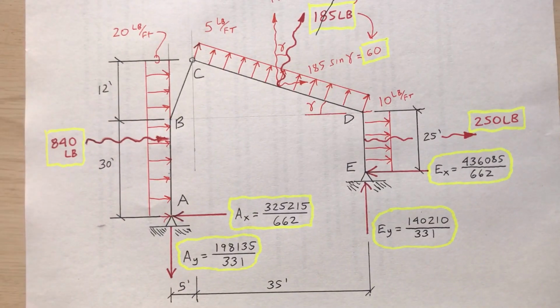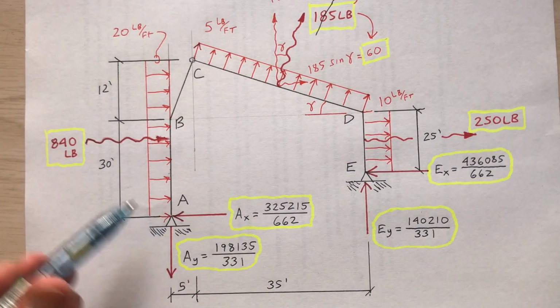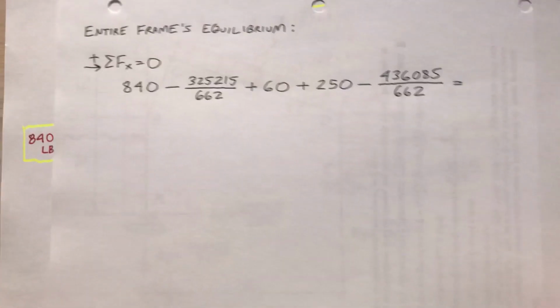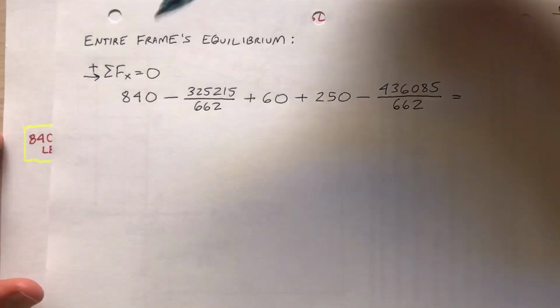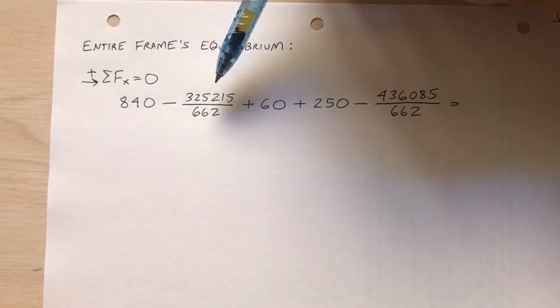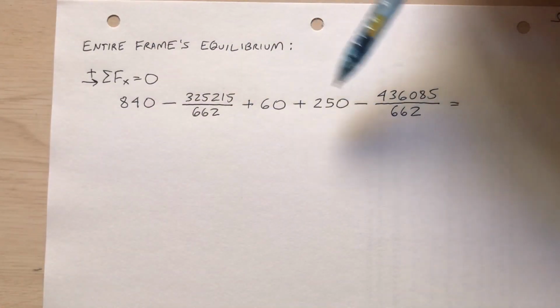Okay, so I'm going to consider the equilibrium of the entire frame. The sum of the forces in the x direction is 0. What's in the x direction? A sub x to the left, 840 to the right, so it's positive. This right here is A sub x. The 60 and the 250, what are those?